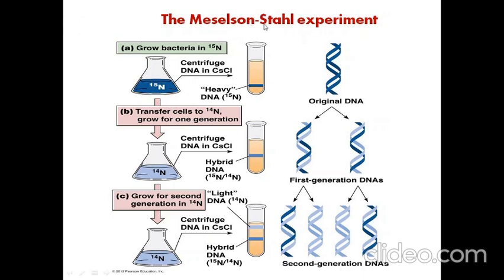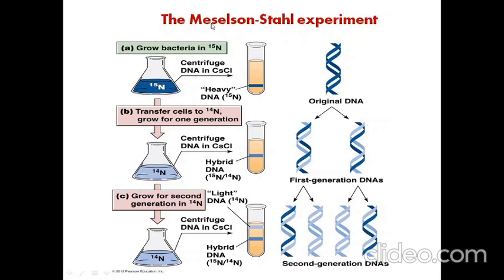What did Meselson and Stahl do? They grew the bacteria in N15 culture. What is N15? It is an isotope of nitrogen. Basically, in normal conditions, N14 is present in nature, which is contained in the DNA nitrogenous bases.